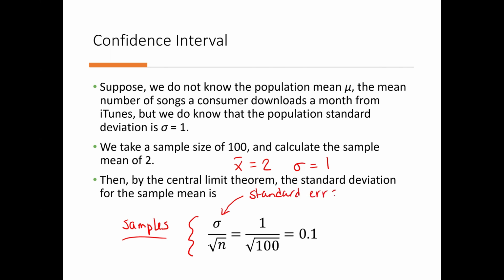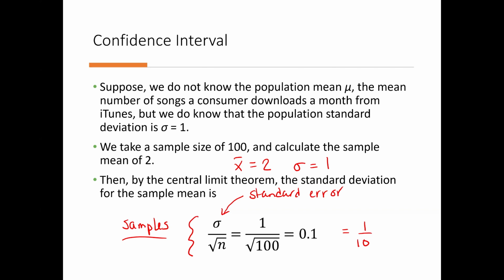You can just call it the standard error. So we take the population standard deviation, divide it by the square root of our sample size, and we get 0.1. 1 divided by the square root of 100 is 0.1, because that is 1 over 10, which is 0.1.